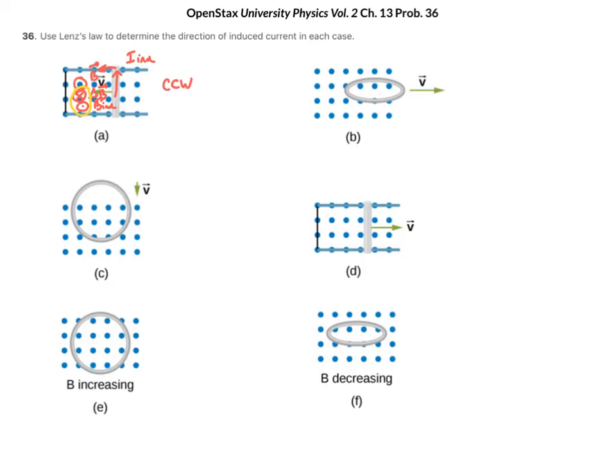Now, let's look at the second diagram, part B. It is not drawn very clearly. To me, it looks like this coil, which here is round, is actually parallel to the magnetic field.